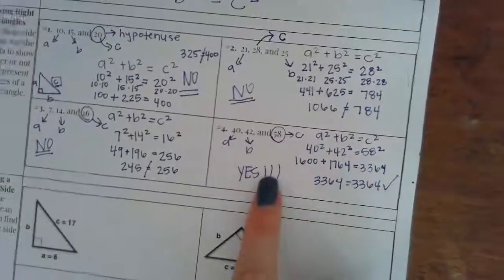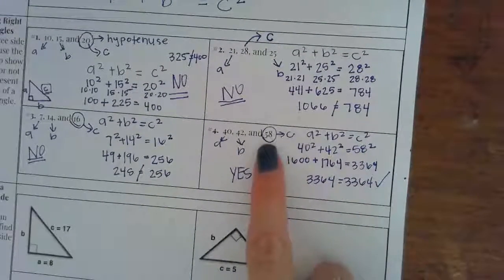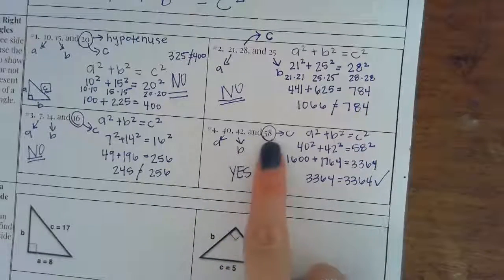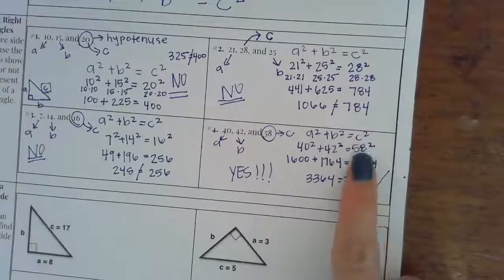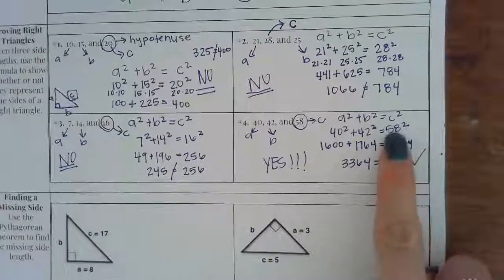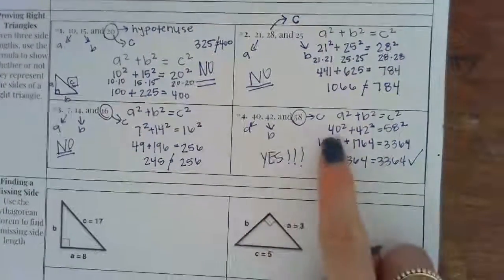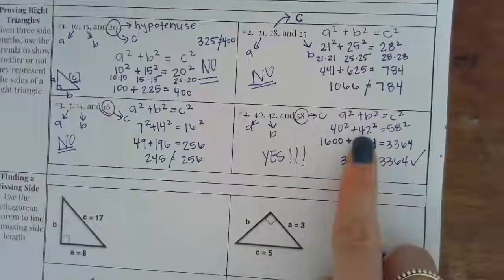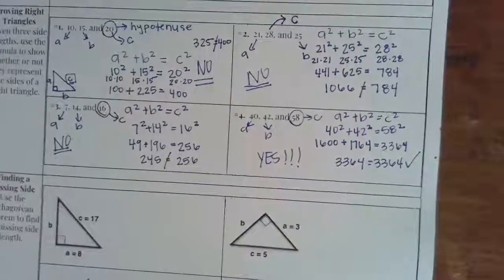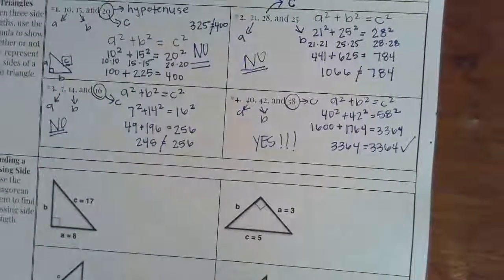And then our last one for number 4, we do the same thing where we choose the biggest number. Well, my biggest number out of 40, 42, and 58 was 58. So 58 had to be my hypotenuse, which we call C. So 58 squared is equal to my A squared plus my B squared. So 40 squared plus 42 squared. Again, these numbers are going to get really big because we're squaring them. So don't worry, just use your calculator to get those numbers.